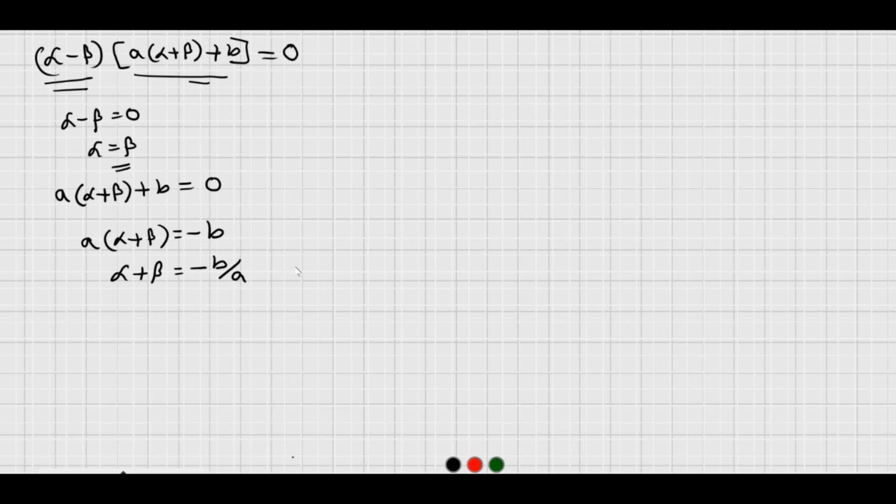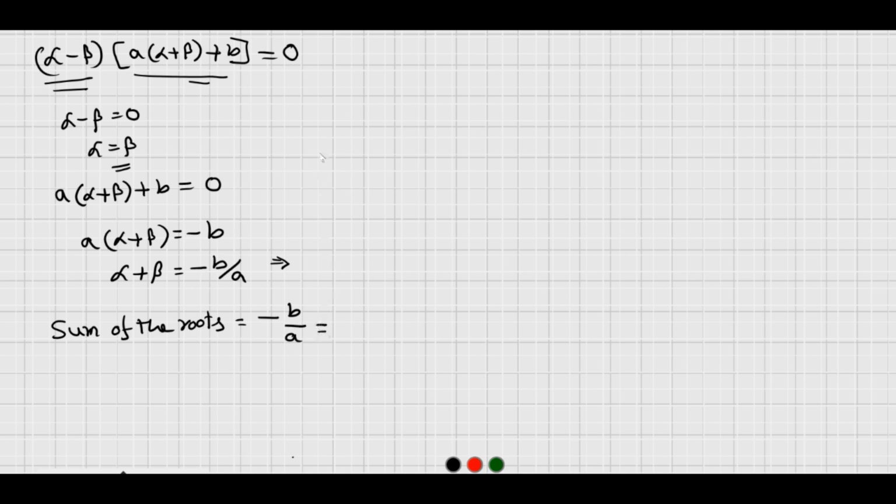This is one of the relationships we are deriving for the roots. What does it mean? These are the two roots of the quadratic equation, so the sum of the roots is equal to minus b by a.